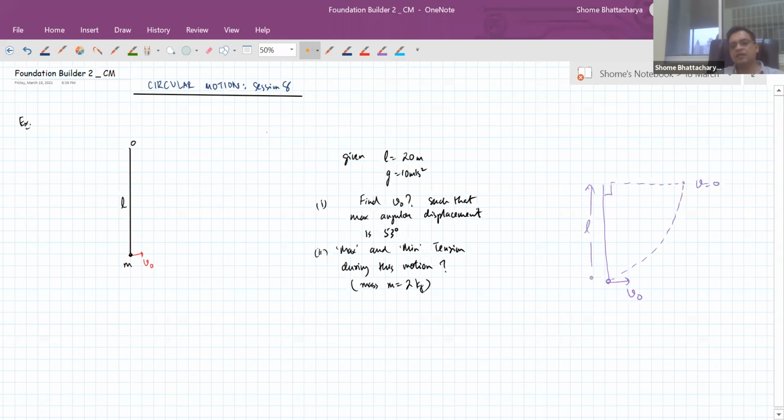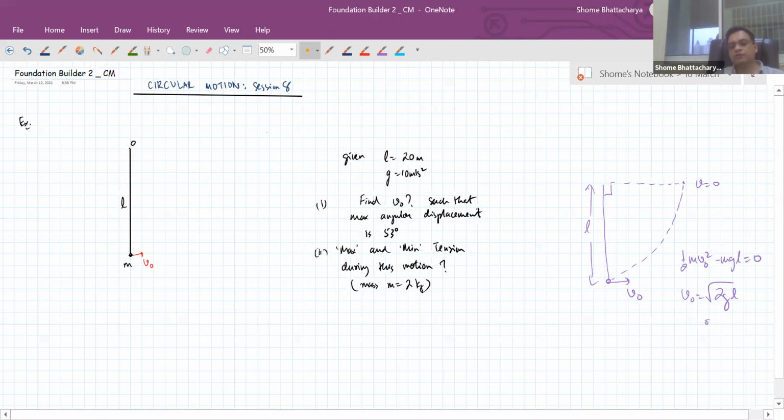Then this length being L, for this situation, V naught should be equal to root 2gL, because half m V naught square minus mgL should be 0. So this would have given me 20 meters per second. So obviously in this case, whatever I'm getting, the V naught will definitely be less than root 2gL. So it will be less than 20 meters per second.